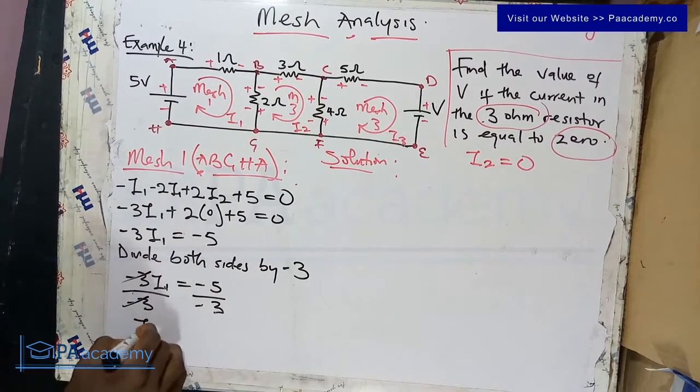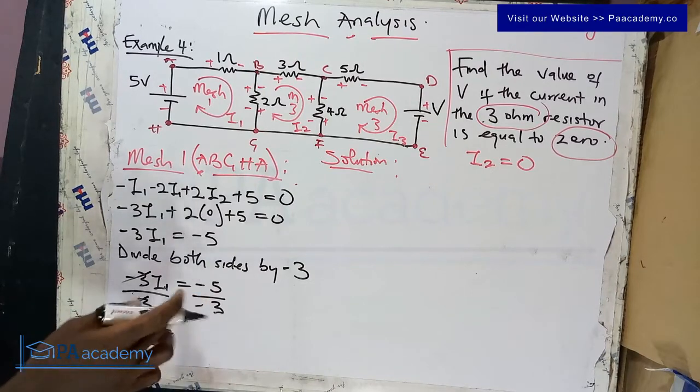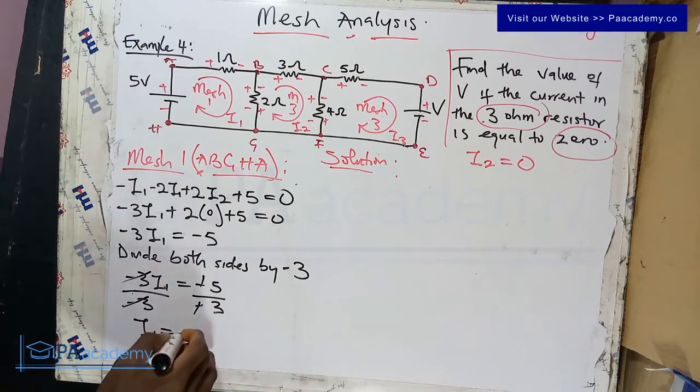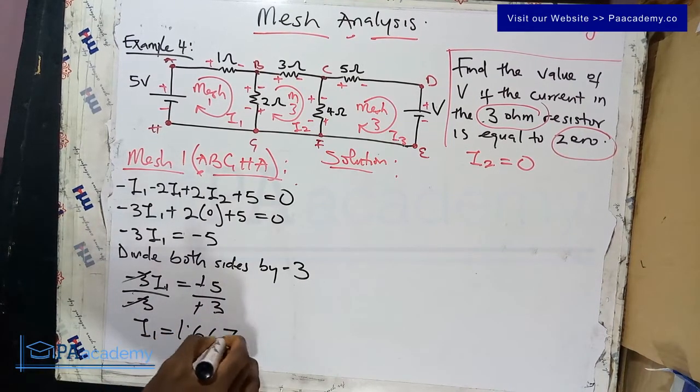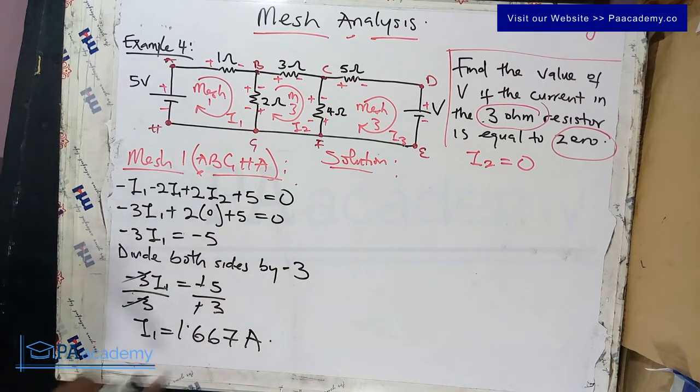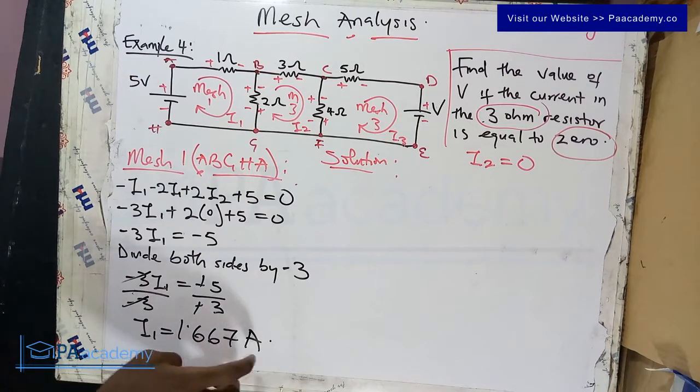You are going to be left with I1 is equals to, this negative is going to cancel out, 5 divided by 3. If you type that in your calculator, you'll be getting 1.667. And then don't forget your units, amperes. So that means the value of I1 is 1.667 amperes.